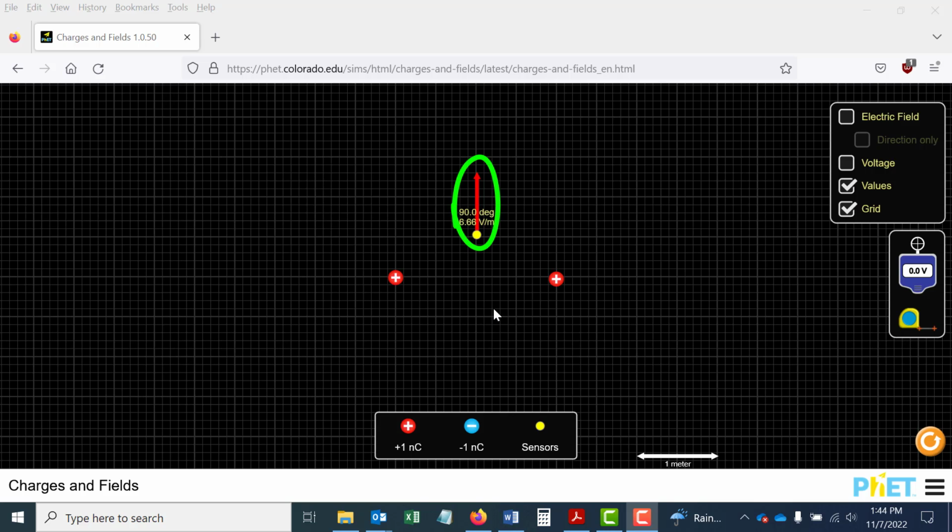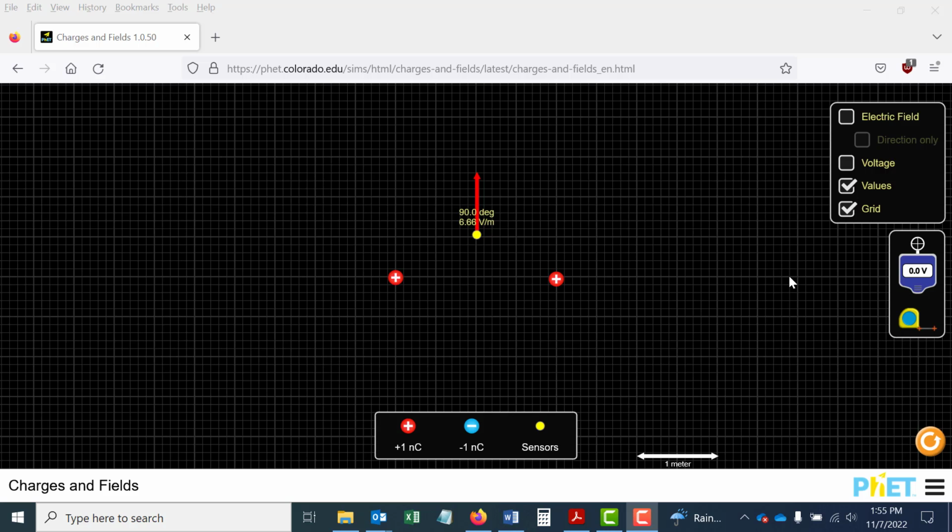And why is that? As they hint in the question, you should use a vector argument for this. So you should think about the x and y components of the electric field due to this charge, and the x and y components of the electric field due to this charge, add those up, and then explain why the electric field at this point doesn't have any x components anymore. It's only got a vertical y component.